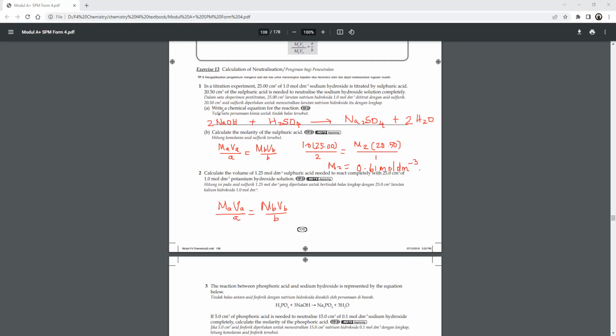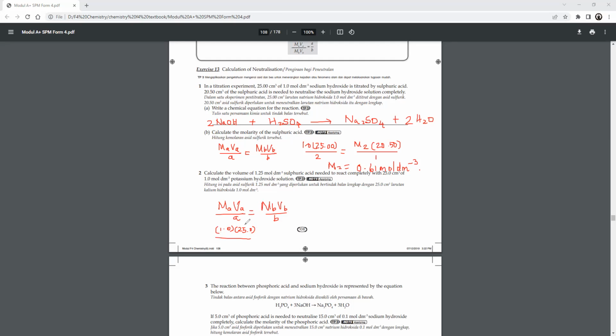Molarity of alkali. All right, we calculate the volume of 1.25 sulfuric acid with 25 of 1 mole of potassium hydroxide. So molarity is 1.0, and your volume is 25.0.